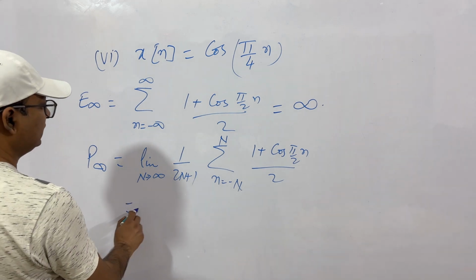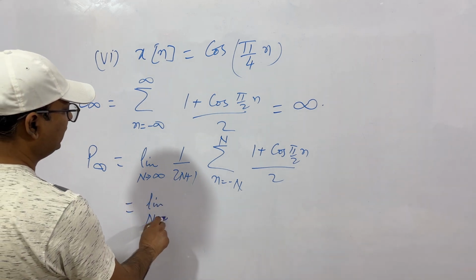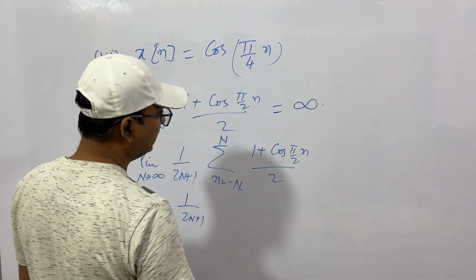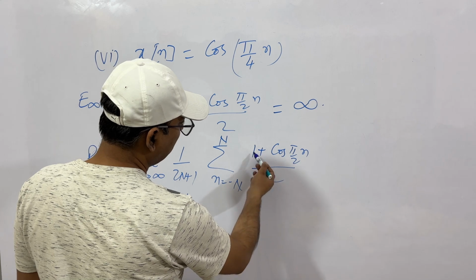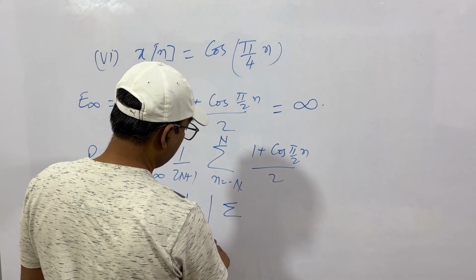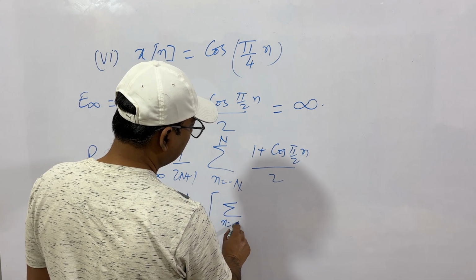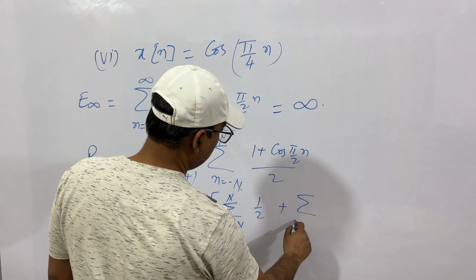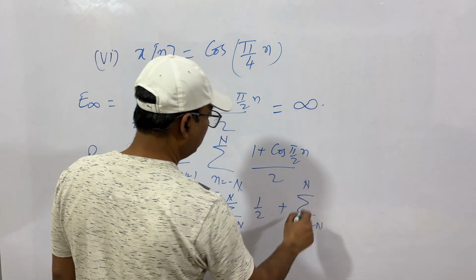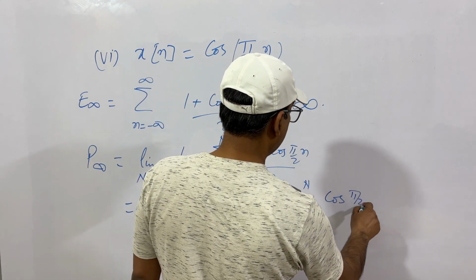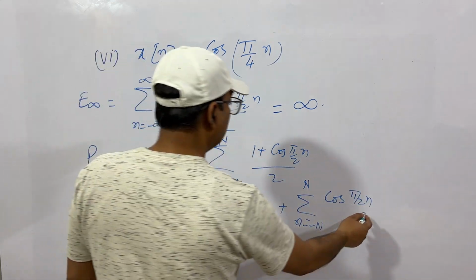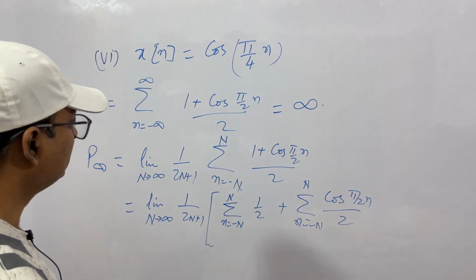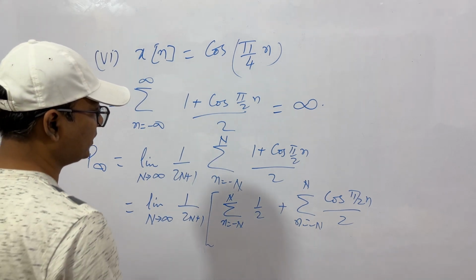Now let's see, this is limit n tending to infinity 1 by 2n plus 1. The first term will be half, so we have two terms: the summation from n equal to minus n to n of half, and then the summation from minus n to n of cos(pi by 2 n). Let's see the first value.